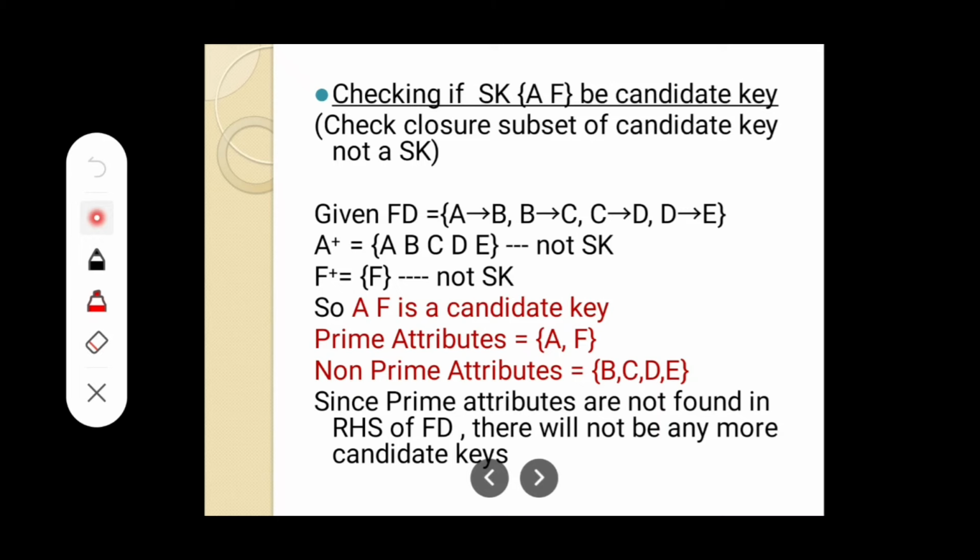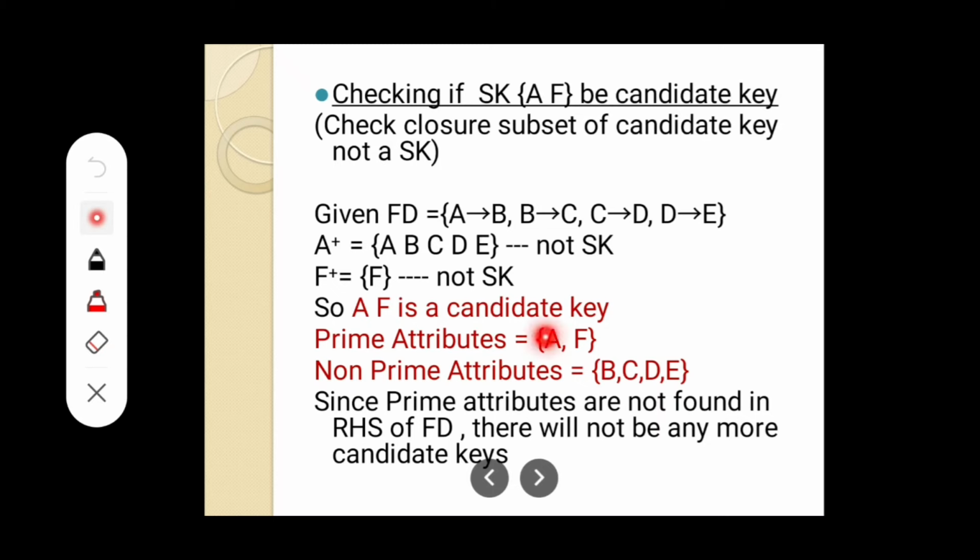Clear? So since the prime attributes are not found in the RHS of the functional dependencies, there will not be any more candidate keys. What do we have to check after this? We have already found out AF is the candidate key. Now we have to find if any more candidate keys are there. How do we check? You straight away take the prime attributes, and if any of the prime attributes occurs in the RHS of the given functional dependencies, then it means that there can be more candidate keys.